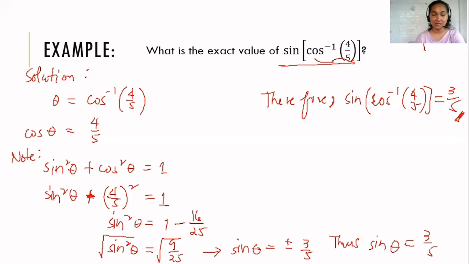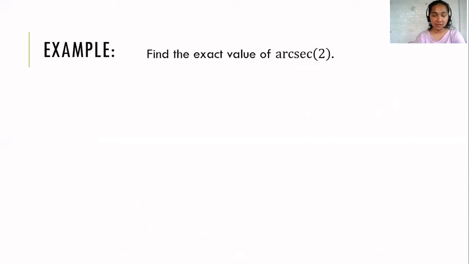Let's proceed with the next example, which is about arcsecant 2. For us to answer this example, we need to simply find the identity for secant, for arcsecant.